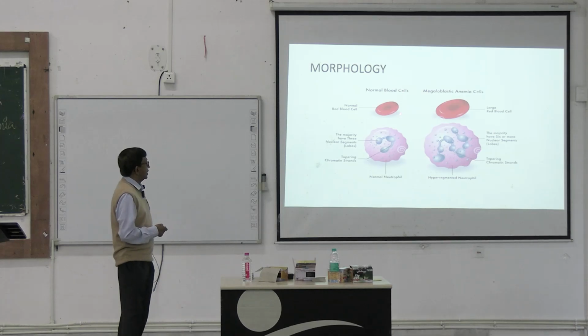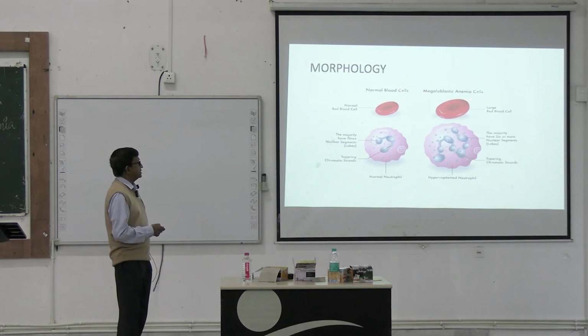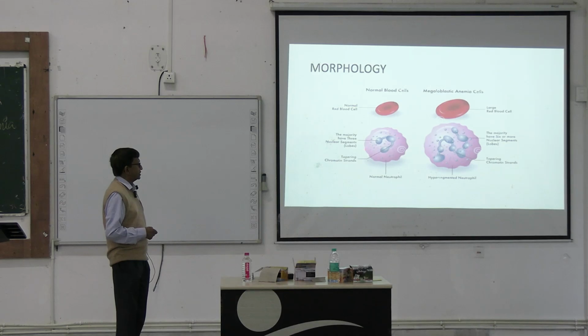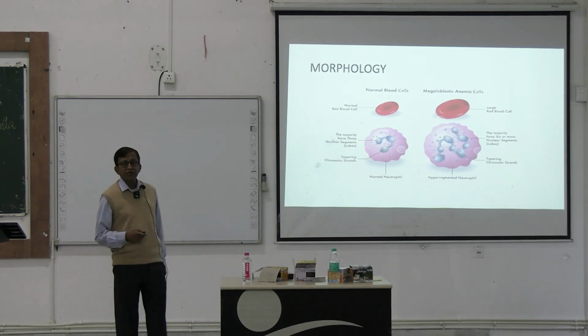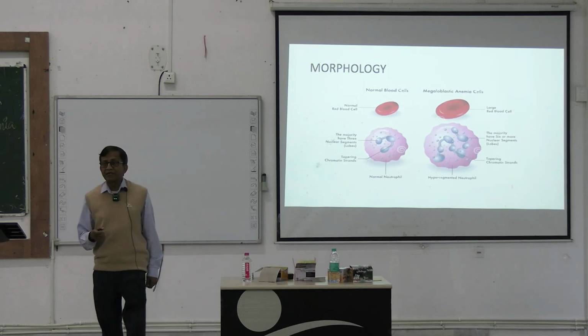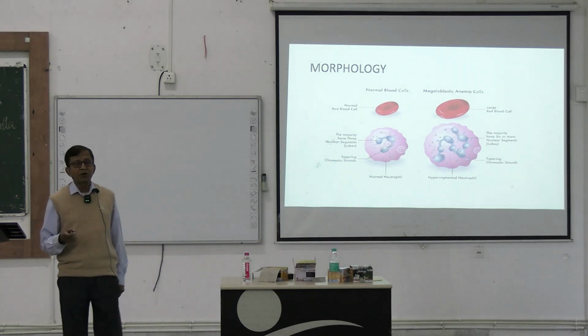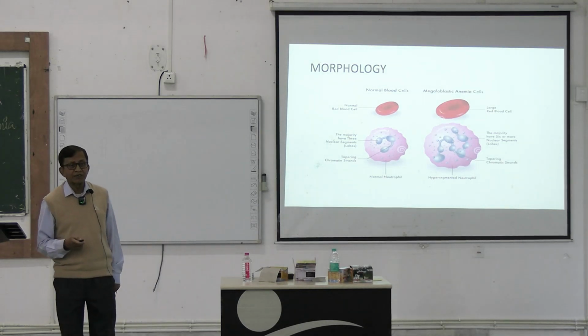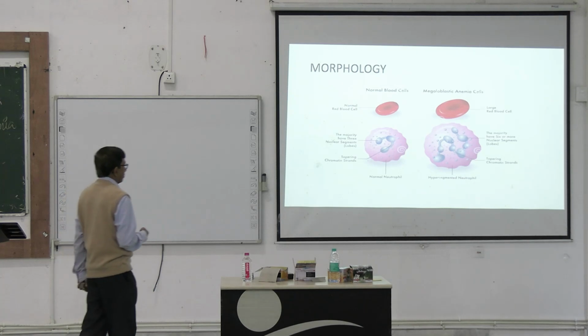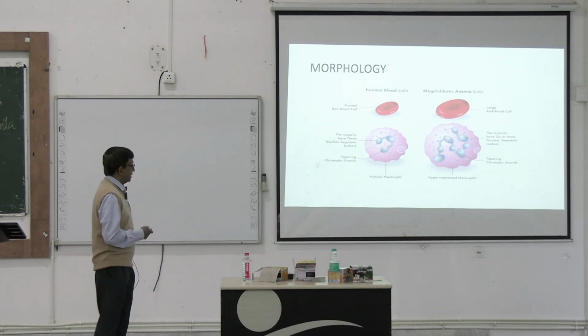So, this is a normal RBC. This is RBC in megaloblastic anemia. Here the neutrophil has 3 lobes, 3 segmentations. Here the neutrophils have multiple segmentations, more than 5. If it is 6, it is almost diagnostic; you have to exclude the possibility of megaloblastic anemia.